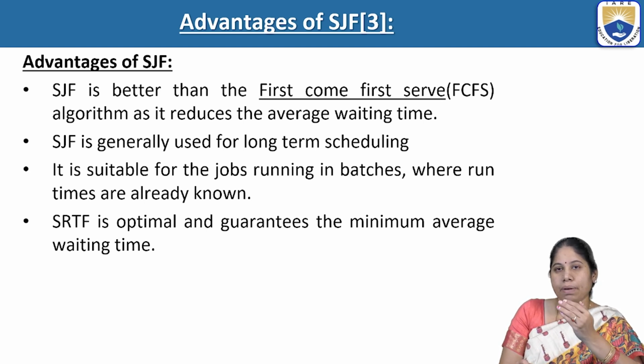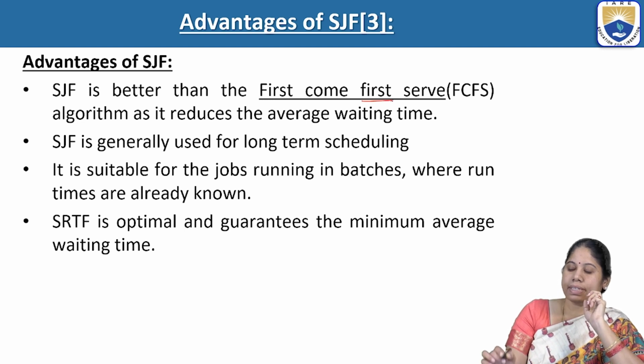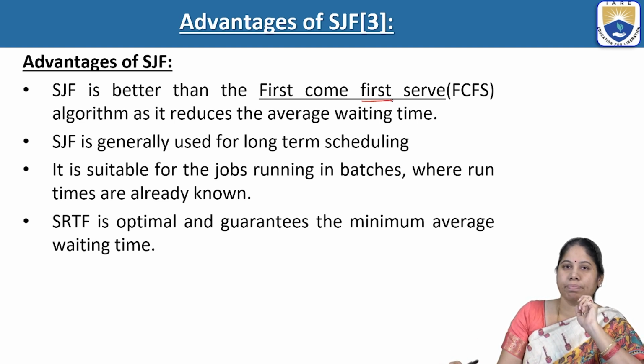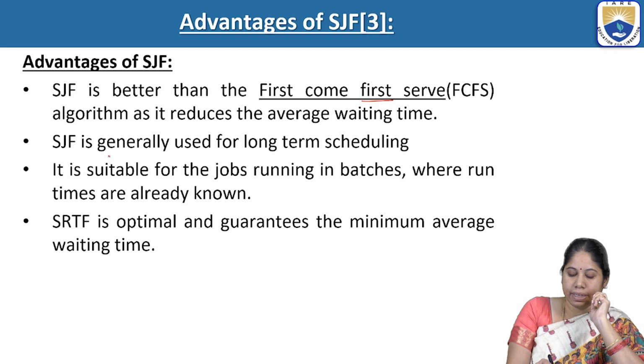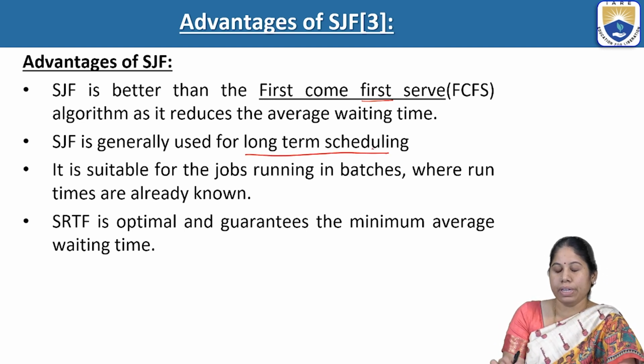Now, let us see the advantages of SJF. With the above examples, we come to know SJF has given the better average waiting time. That's why we say SJF is optimal. It is better than the first come, first serve scheduling algorithm. SJF is also generally used for long-term scheduling, not for short-term scheduling.